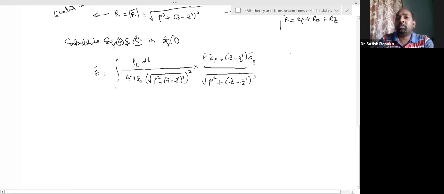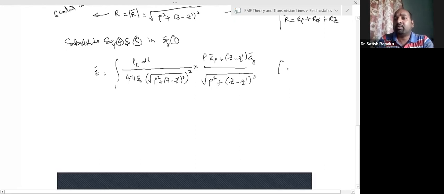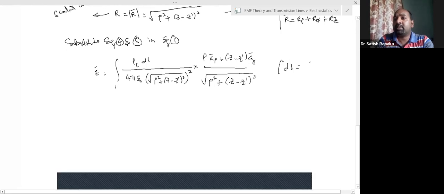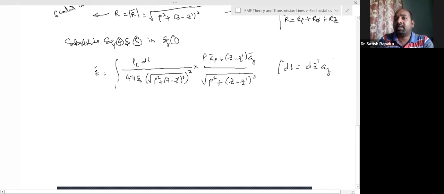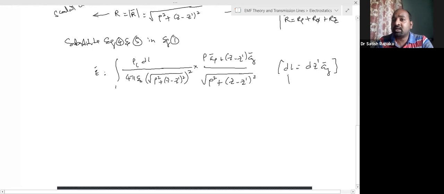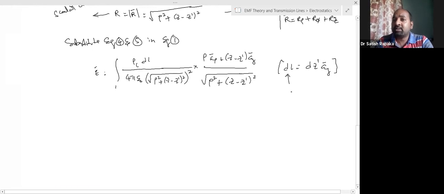And one more thing is dL, right? dL is equal to dz dash a_z bar, because dL is the differential element, which is considered at 0 0 z dash.